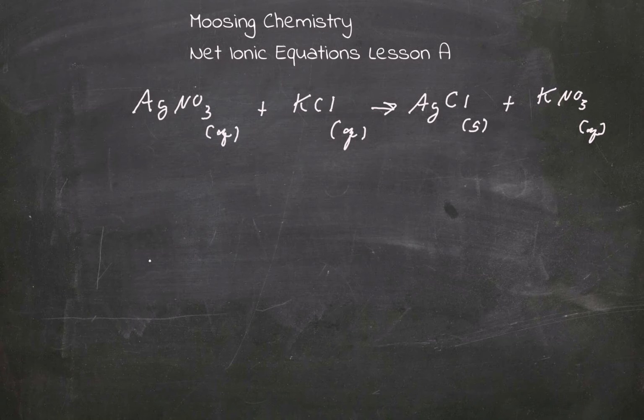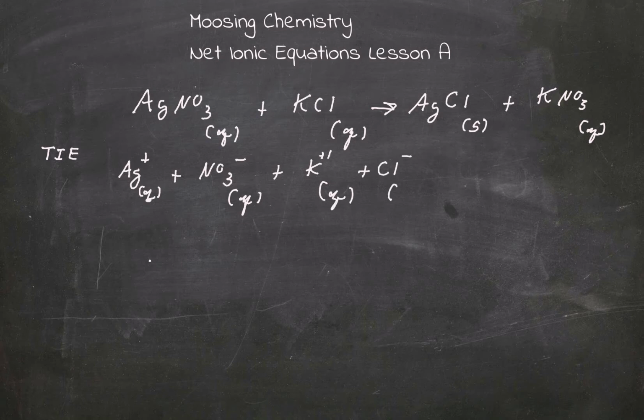So now we're going to do what we call the TIE, the total ionic equation. So we go Ag+ (aq) plus NO3- (aq), we're putting our oxidation numbers in, plus K+1 (aq) plus Cl- (aq) yields AgCl.